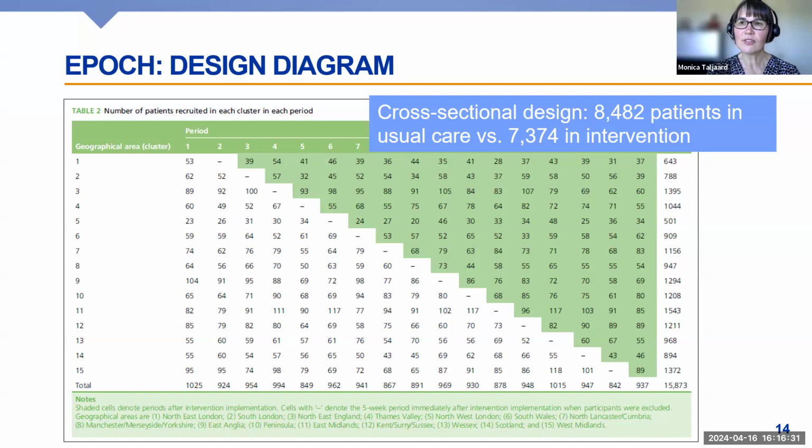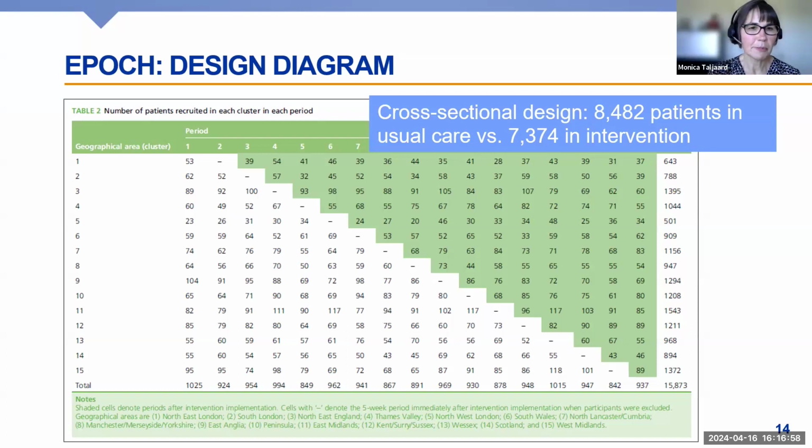So please note that whenever you hear an argument that a stepped wedge has an ethical advantage because it allows everybody to receive the intervention, well, this shows that that's not a true statement, right? In a stepped wedge, it's not necessarily the case that everybody receives the intervention. So that argument about the ethical benefit of this design is actually flawed.